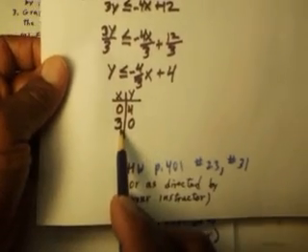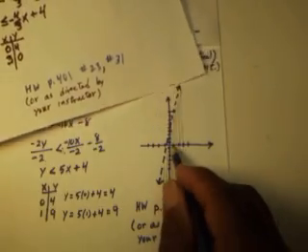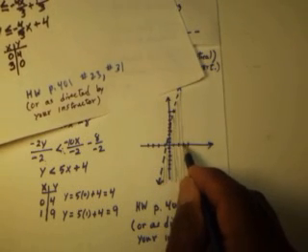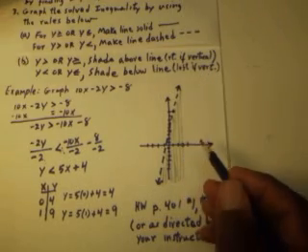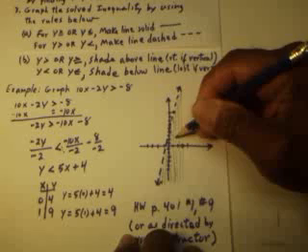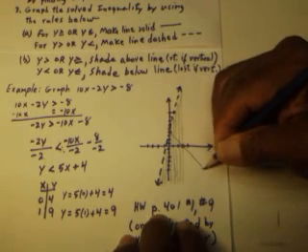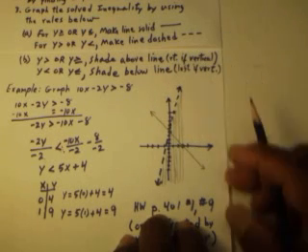That means I start at the origin, go 3 to the right, 1, 2, 3, and I just stay there because y is 0. So that's my point there. And then I draw my line through my 2 points. If you have graph paper, I would suggest using graph paper to do your graphs.